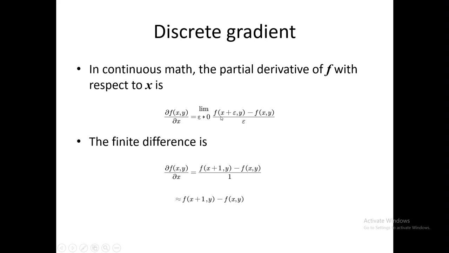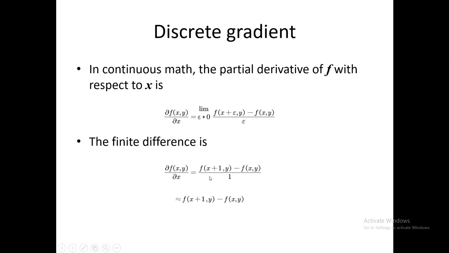But in the discrete world, we can't move arbitrarily close, so we have to take what we call the finite difference. We approximate our partial by some finite difference. The simplest finite difference is of this form.